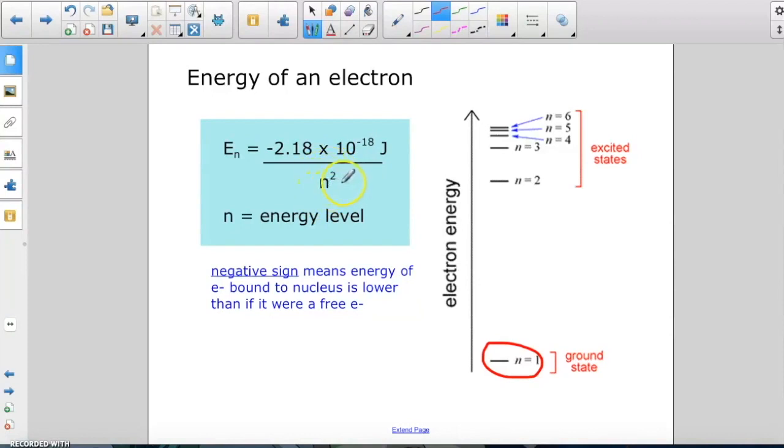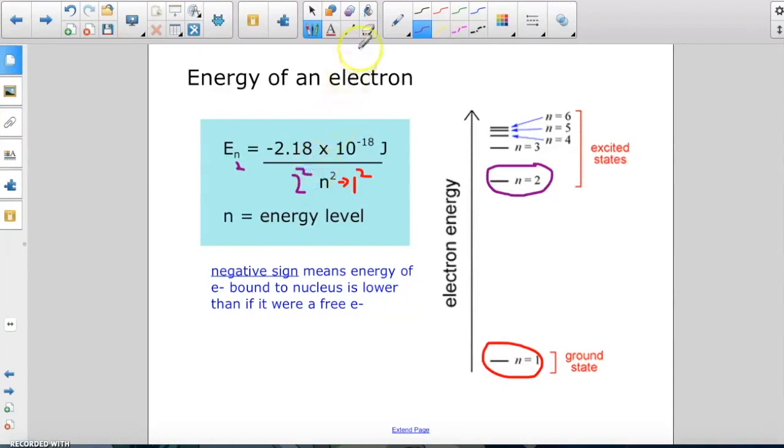So if it is level 1, it will be divided by 1 squared. If you want to know the energy that an electron has on level 2, then the energy of the level 2, n equals 2, would be minus 2.18 times 10 to the minus 18 joules divided by 2 squared, and so on.